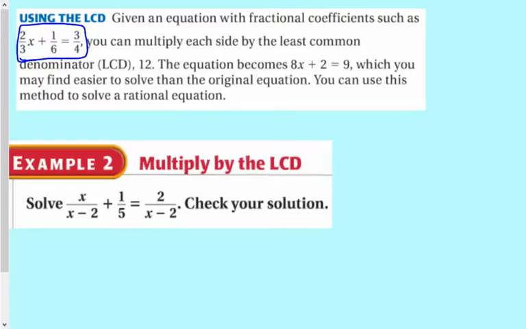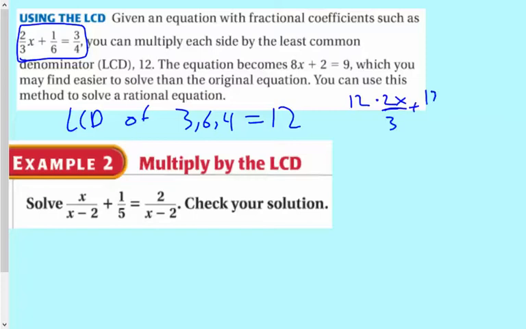So the LCD of 3, 6, and 4 is 12. If you multiply 12 by 2/3 x plus 12 times 1 over 6 equals 12 times 3 over 4, you're multiplying both sides by 12. 12 divided by 3 is 4, so that becomes 8x. 12 divided by 6 is 2, so that becomes 2 times 1, which is 2. 12 divided by 4 is 3, so 3 times 3 is 9.